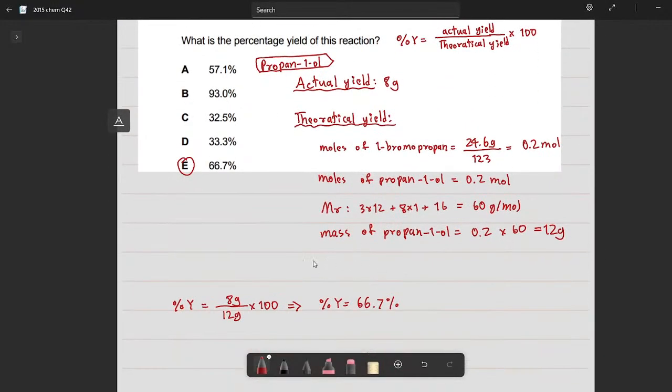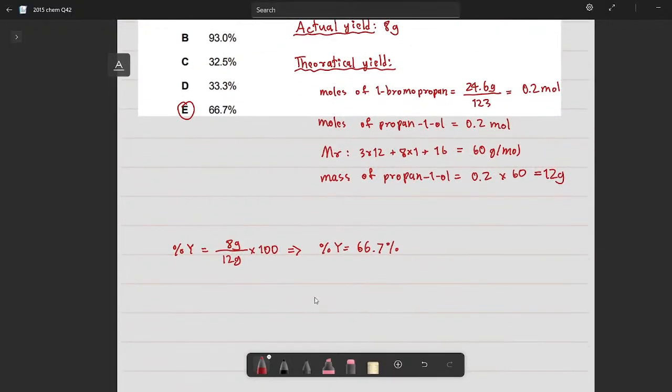Remember that no calculators are allowed, so you're going to have to divide manually, using the method where you put this inverted L, put 8 inside and 12 outside, then put the decimal and continue dividing until you reach the point where you may finish.